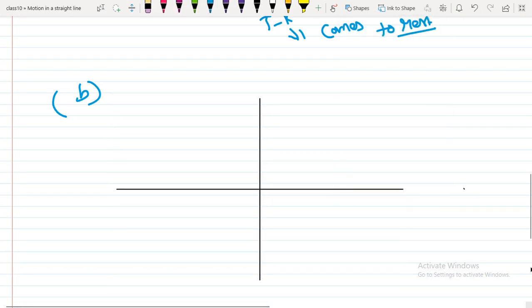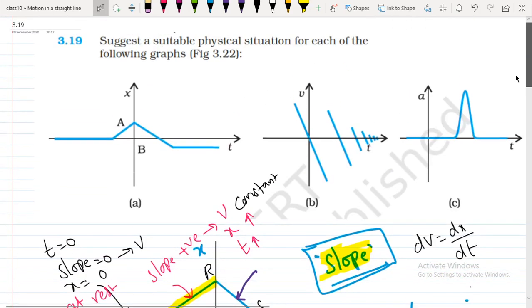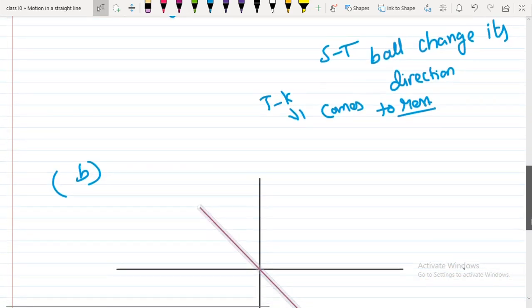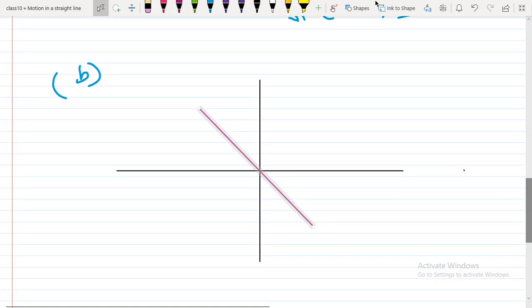Now if I take a straight line, this is one of the straight lines, and after that, along this line the velocity is decreasing. So when time increases, the velocity decreases.